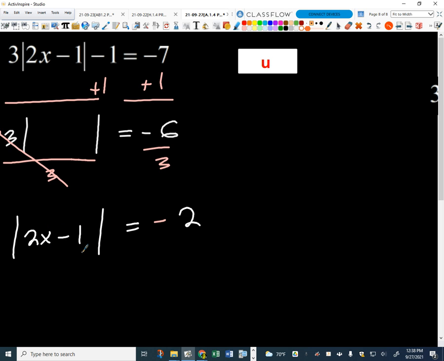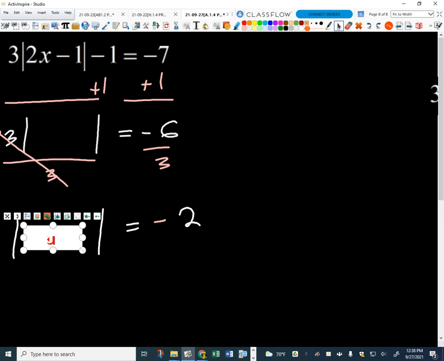But does it even matter? Well, you get the idea. Does it even matter? What's wrong with that? Can an absolute value ever output a number that's negative?